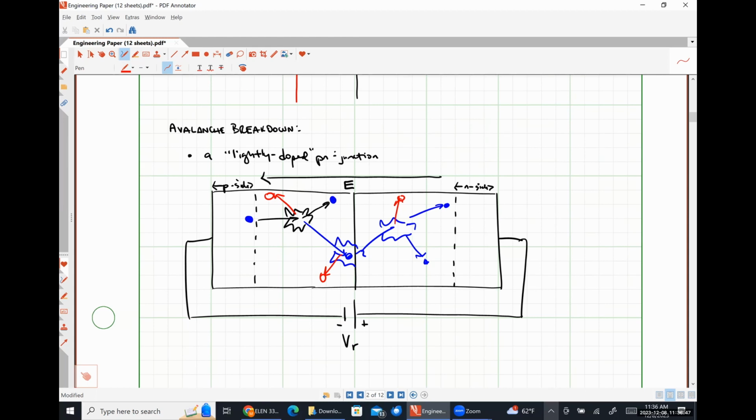So avalanche breakdown is a very, very bad thing, in as much as we are giving our minority carrier electrons from the neutral regions enough energy to literally break the valence bonds that are holding our crystal together, right?